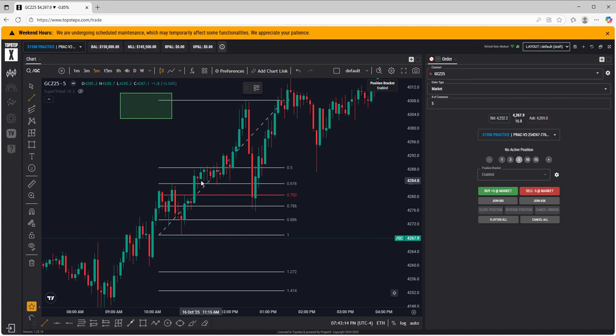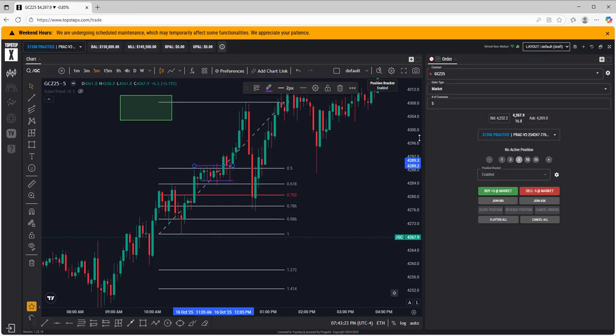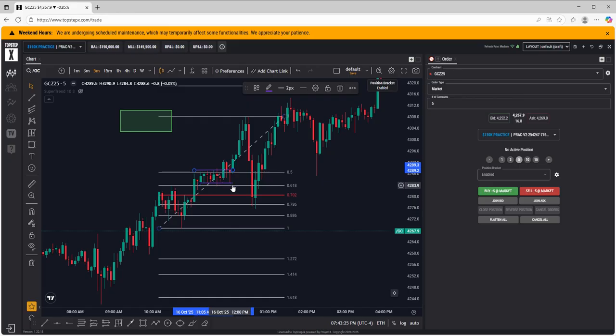right? We got relatively equal lows in here, relatively equal highs in here. So literally, what happens is the highs get swept, right? And reverses. And then the lows got swept and reverses.